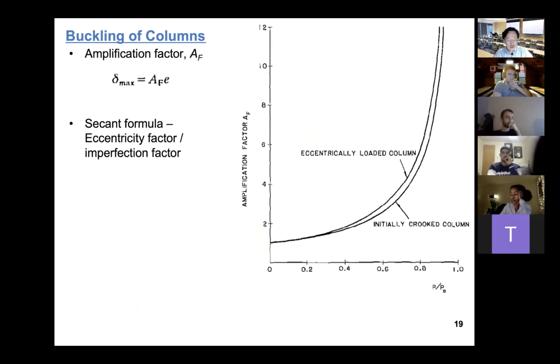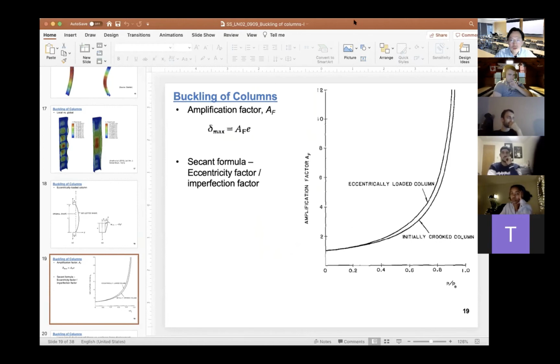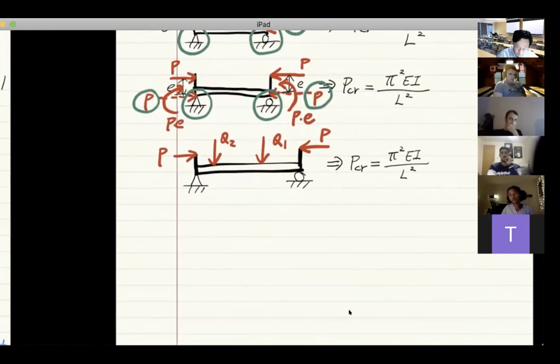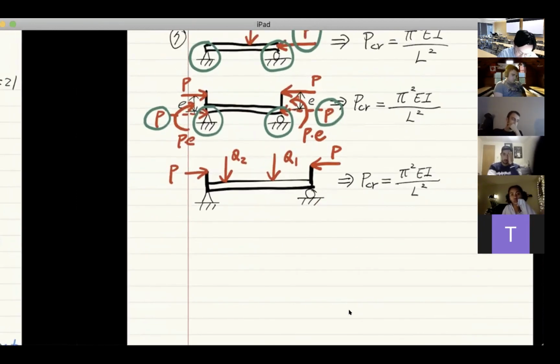Now let's come back to get this expression. What is the amplification factor AF? That is actually the continuation of this example. So we're going to continue with step 8.